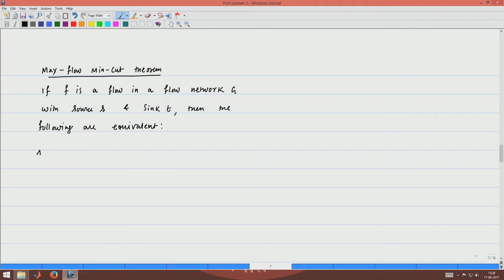Okay, the first statement: f is a max flow in G. The second statement: the residual network with respect to the flow f, that is G_f, contains no augmenting path.